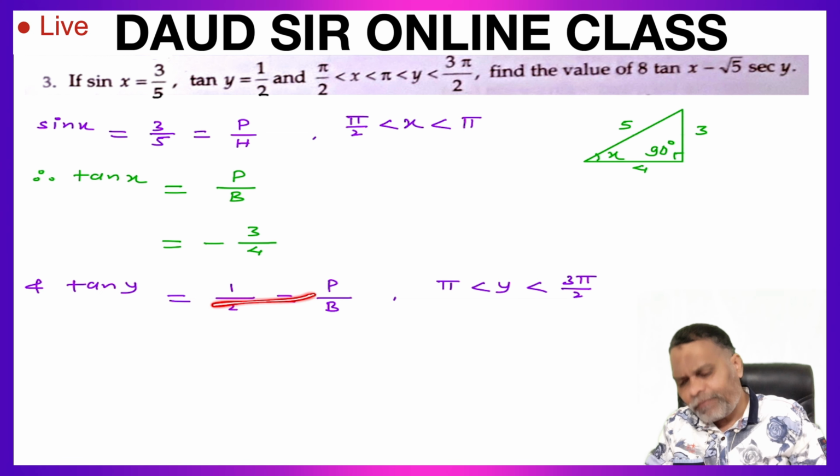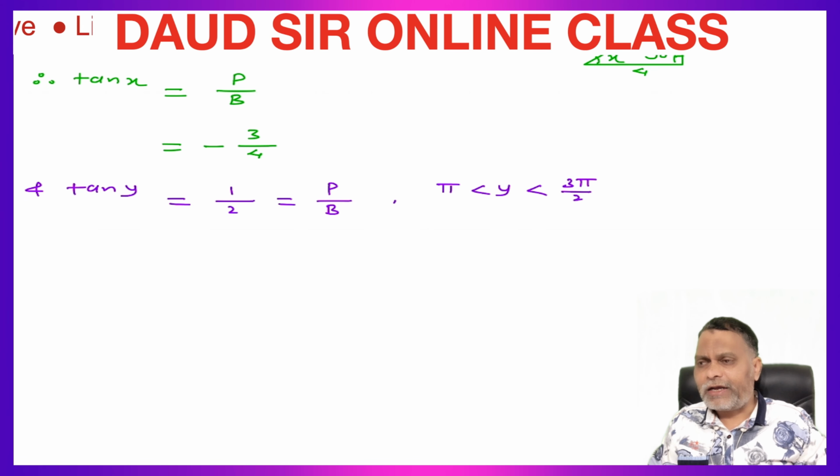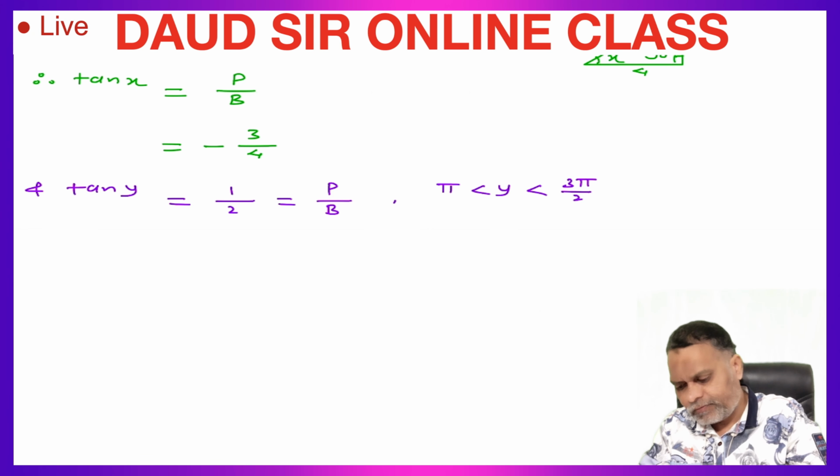Now, with the help of these two sides, perpendicular and base, make one right angle triangle and calculate the third side.